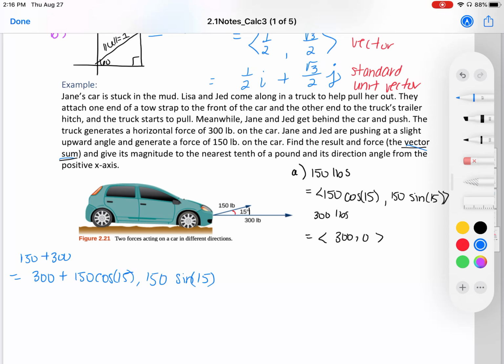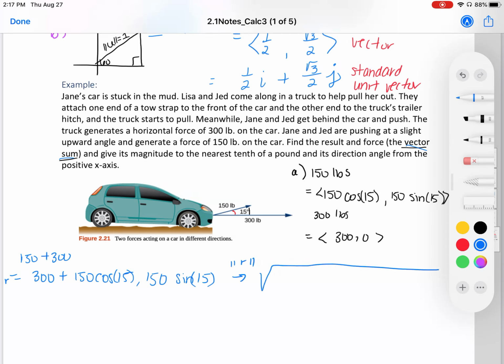All right, next it wants us to find its magnitude. We have a new vector, and we want to find the magnitude of this vector. Let's label it r. So let's find the magnitude of r.